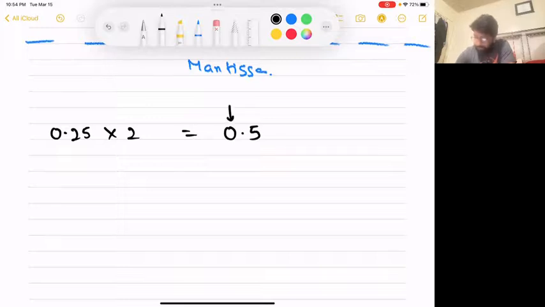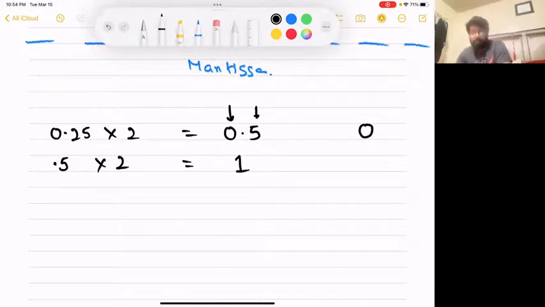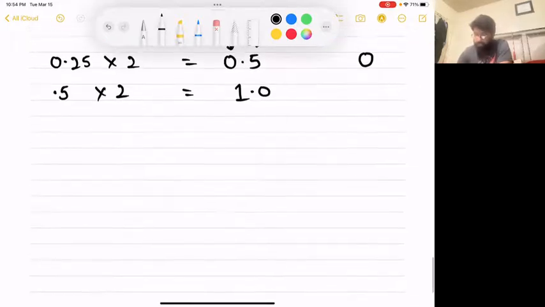So the first bit over here is 0. So we're gonna write 0. Now, whatever the remaining number is, 0.5, we're gonna multiply by 2 again, which gives us 1. So which is not a decimal number anymore, like which is not a 0 point number anymore. It's 1.0, and that's it. Once we get 1, we stop.